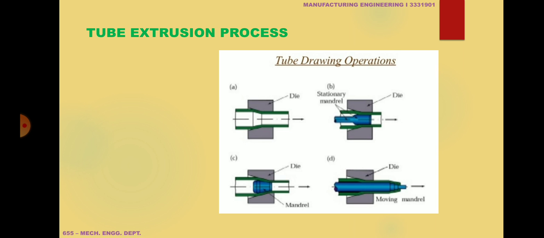Now, tube extrusion. As the name implies, it is used for making tubes of different shapes, as we see in figures A, B, C, D. So tubes with different sections are produced with the help of the tube extrusion process, and they are seamless. It uses a stationary as well as a moving mandrel.